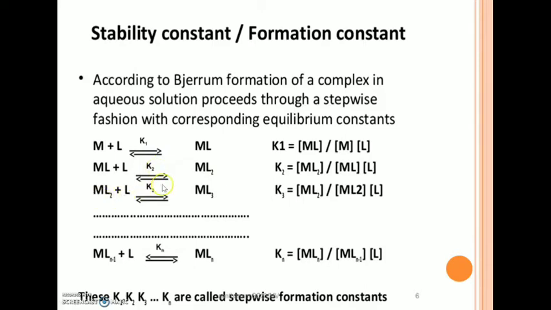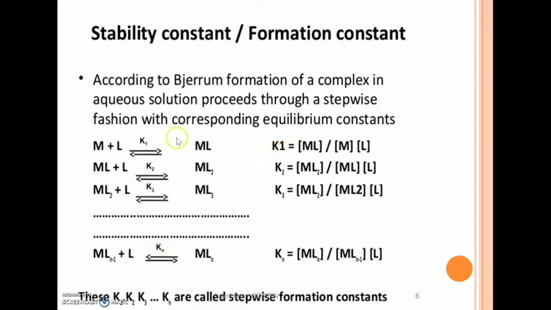In the third step, ML2 combines with the next ligand to form ML3, with stability constant K3, and the reaction proceeds until MLn-1 plus ligand gives MLn, the complex, and the stability constant is Kn.